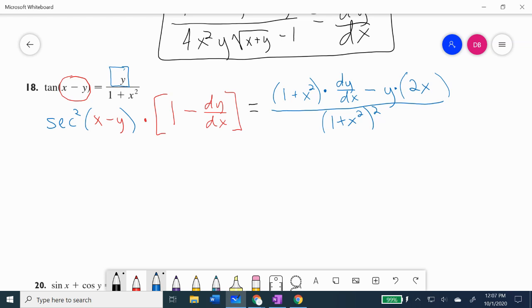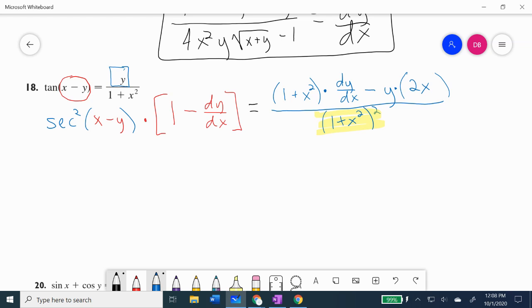because I'm supposed to isolate dy dx. So here we go. I need to do some serious distributing. And I want to avoid fraction land while I'm at it. To avoid fraction land, I can take this denominator, multiply it to the other side, and then distribute a whole big giant mess of a function.